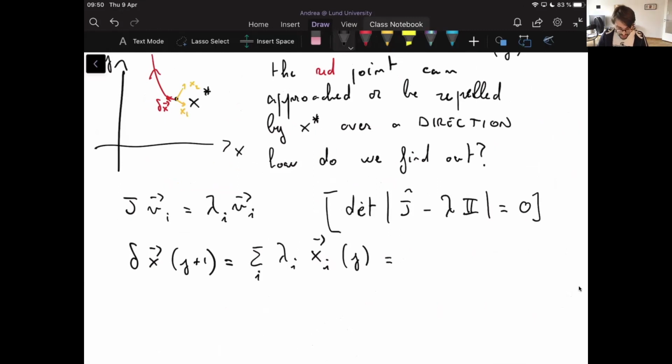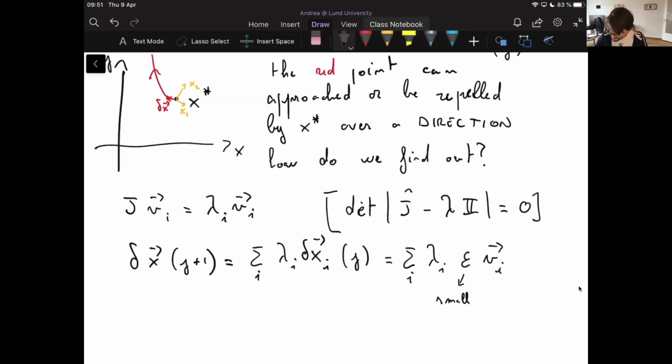And therefore this is equal to the sum over i of lambda i, and then you have some epsilon, which is just a small number. This is the usual small number notation for epsilon. And then you have some vector over your basis.